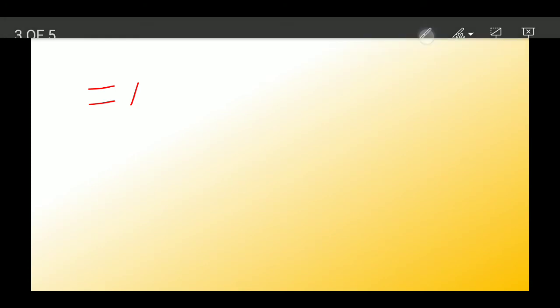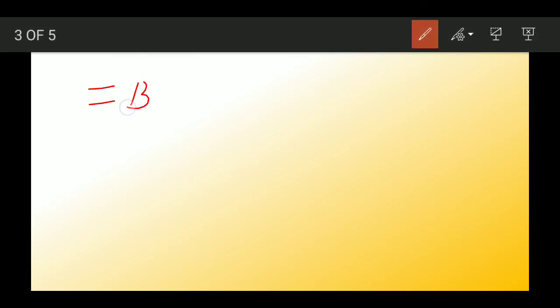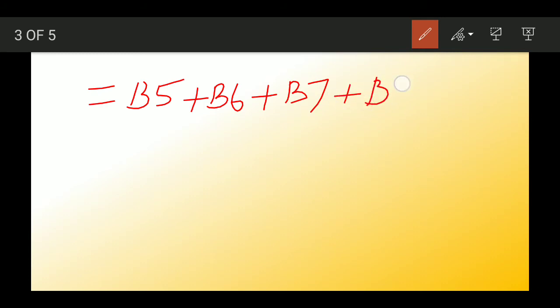What are the components in this formula? Let's see by an example. I have written here B5 plus B6 plus B7 plus B8 plus B9.